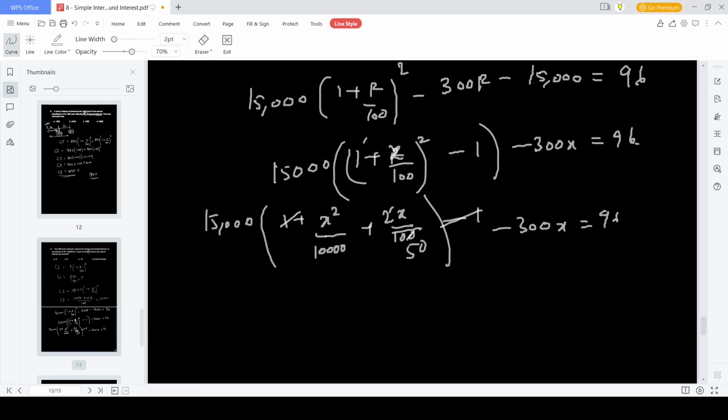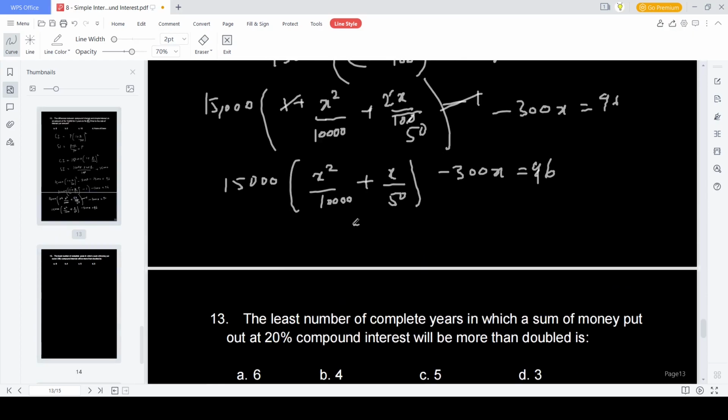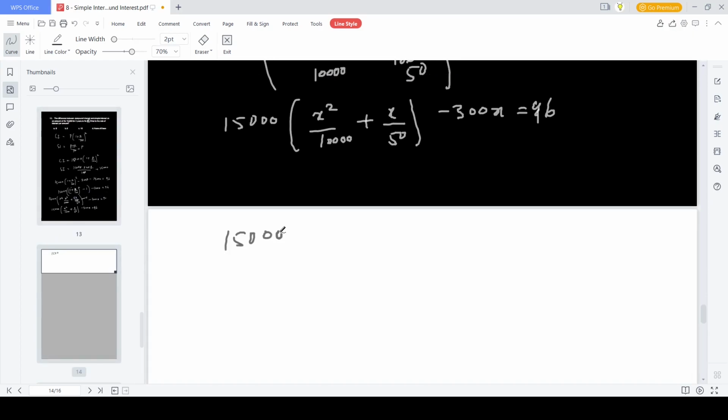So 15,000 into (x square by 10,000 plus x by 50) minus 300x is equal to 96. 15,000 by 10,000 is nothing but 1.5, right?